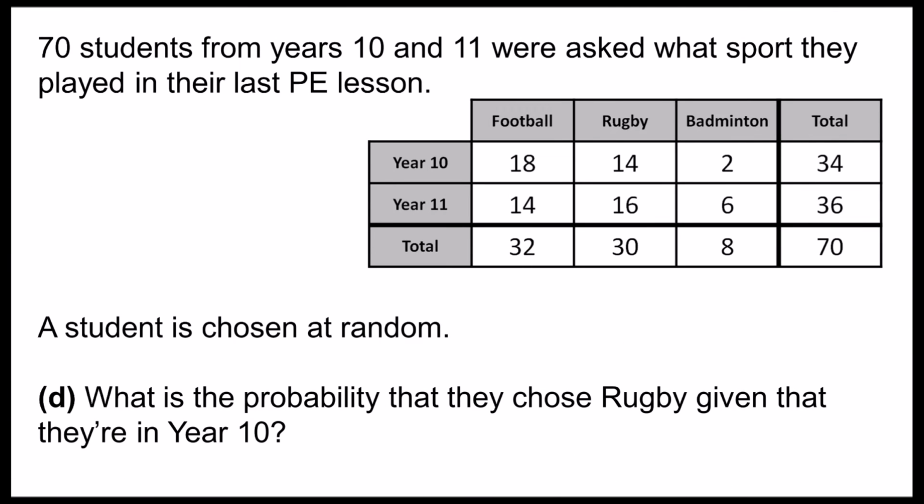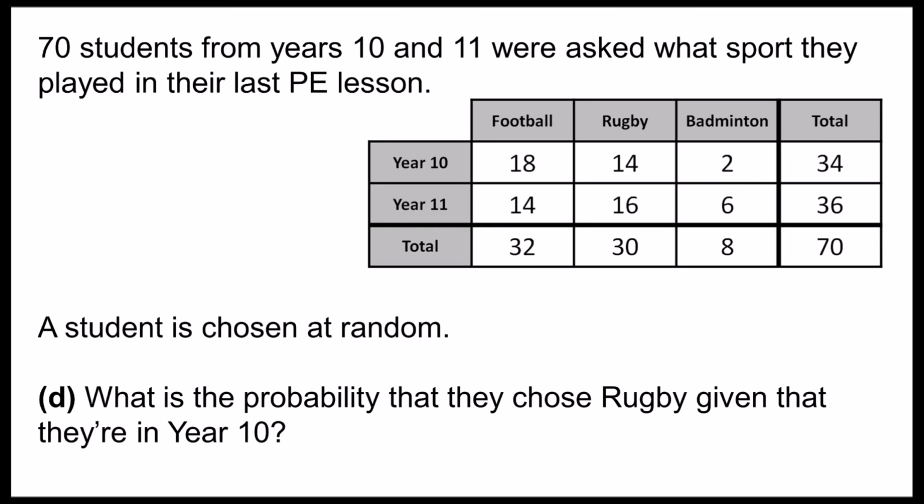Similar to the last question, they might focus on a specific group but word it slightly differently in the question. So this time it says a student is chosen at random, what is the probability that they chose rugby given that they're in year 10? The last part suggests that we're only looking at year 10 students, so this time the probability is going to be out of 34.